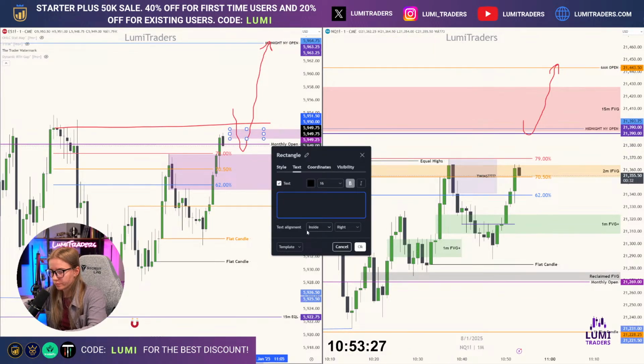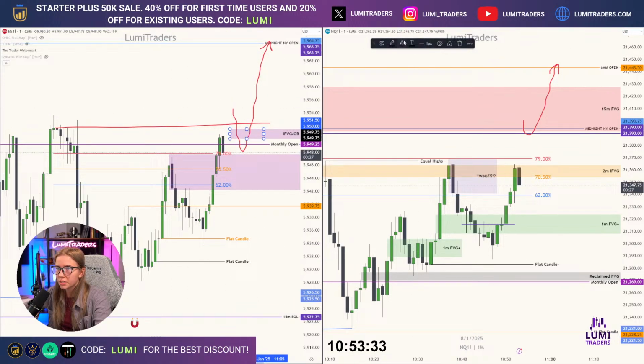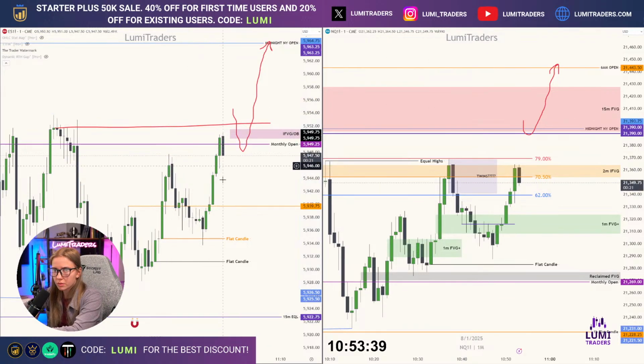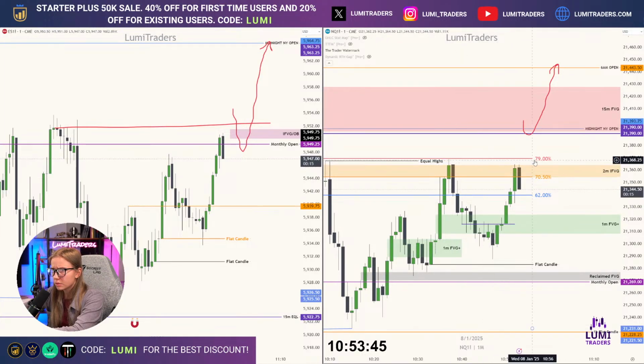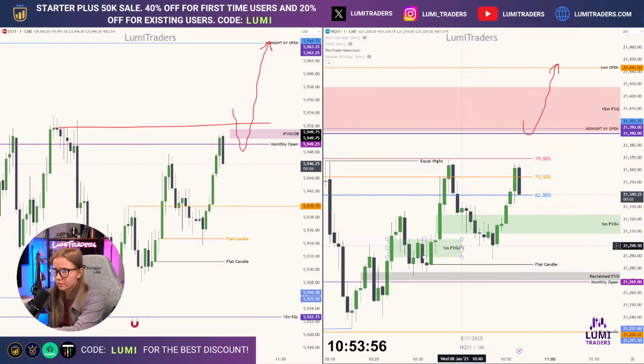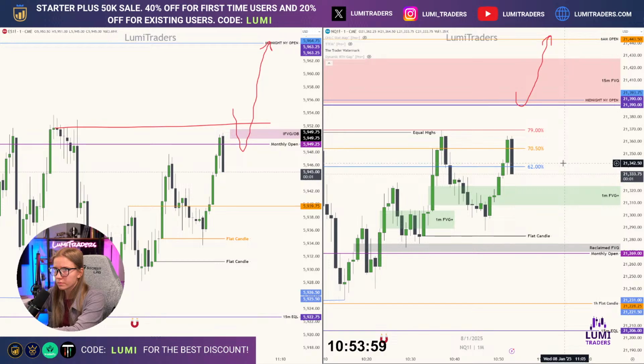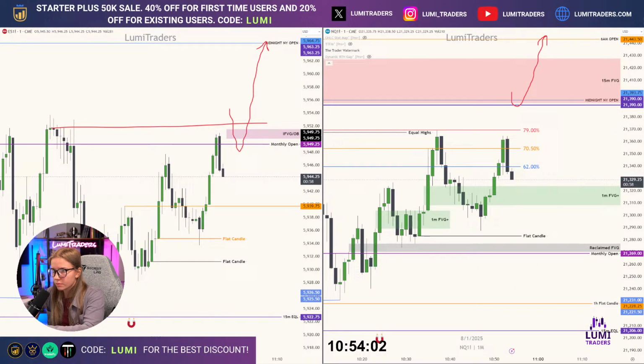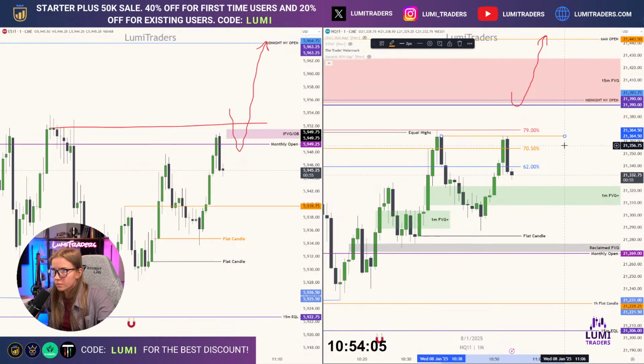Inversion or OB, with break above the equal highs right here. Let's delete some levels. So we got this. Two-minute inversion. I'm going to delete this. Another equal highs right here.